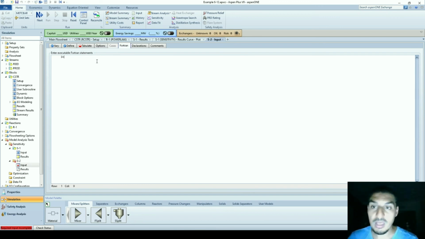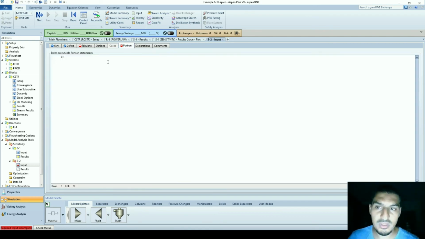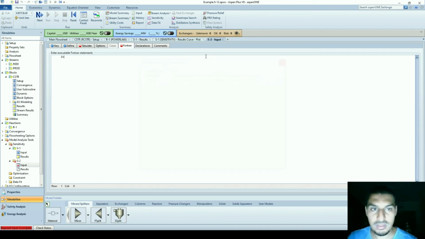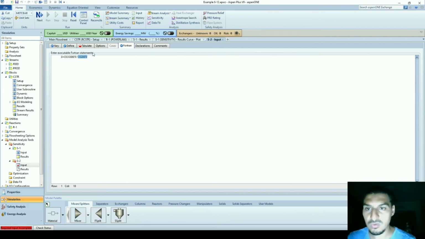Of course, you need to put the variables here with the same spelling. There is a probability that you might forget the spelling or have a typo. So to prevent this, I'm gonna close it and redo it again. Right click here and click on variable list, and you can drag and drop instead of having any issues with writing the names. And here I'm gonna get this, and this is all for Fortran.